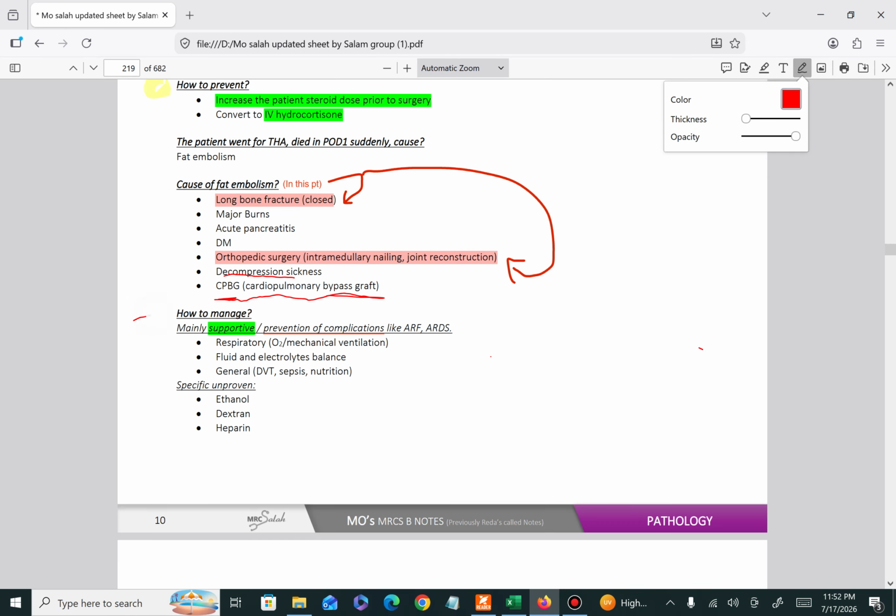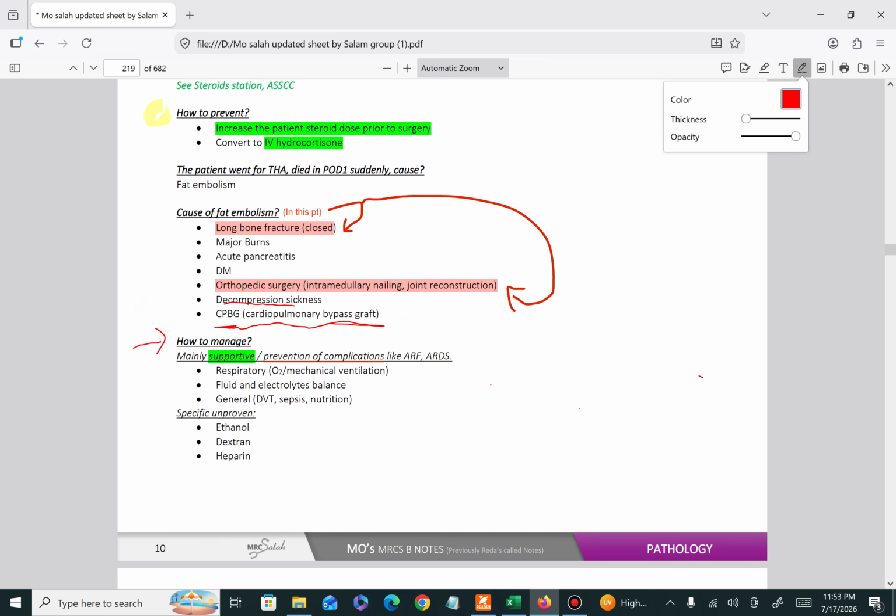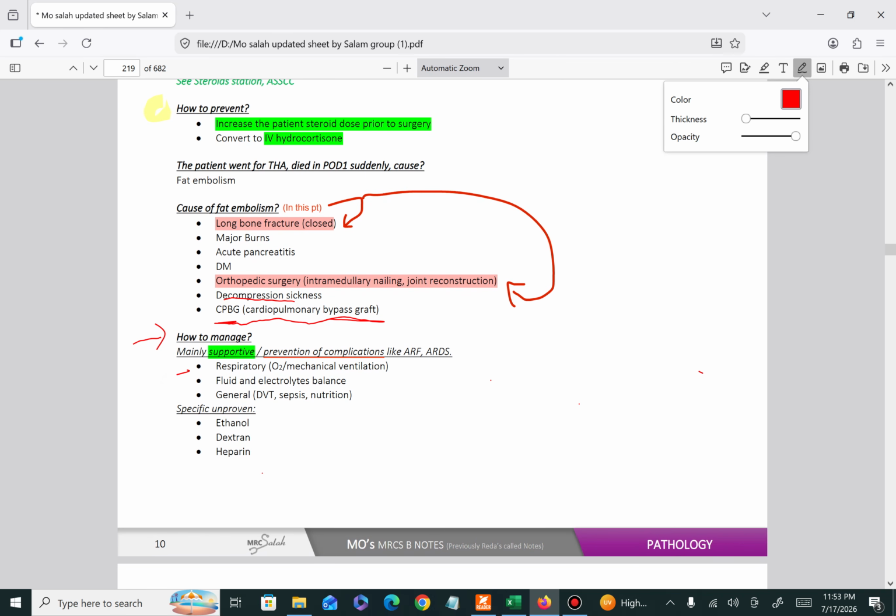Now, how do we manage a patient with fat embolism? Mainly it is supportive, with prevention of complications like acute renal failure and ARDS. We can give respiratory oxygen, mechanical ventilation, and fluid and electrolyte balance.